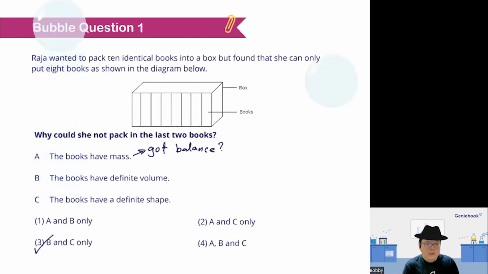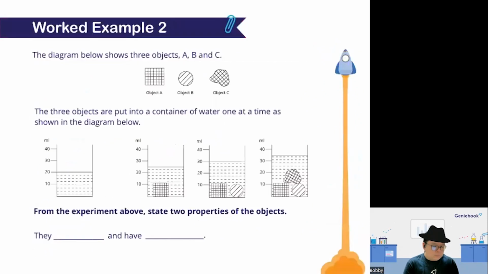But we do know it has definite volume because it occupies space. It has a definite shape, because if you take a look at all the books, they are all the same shape. They are not being squished or anything. If they do not have a definite shape, maybe we can still squish or fold them in a certain way so that you can make use of the unused space.